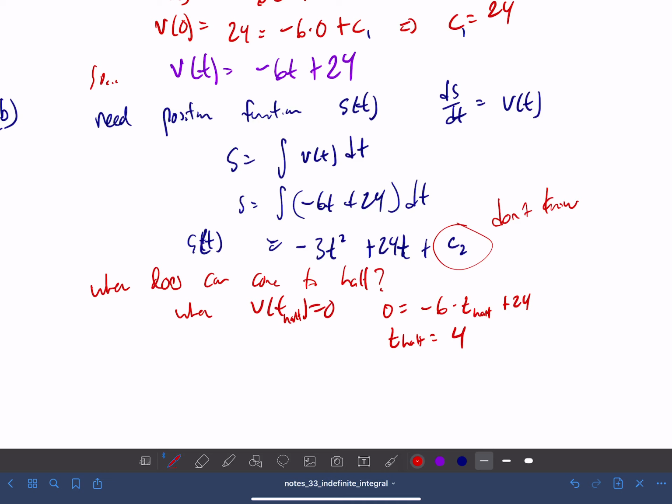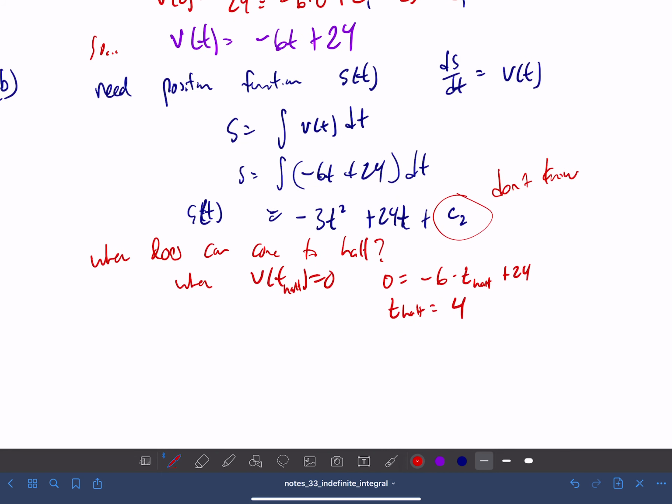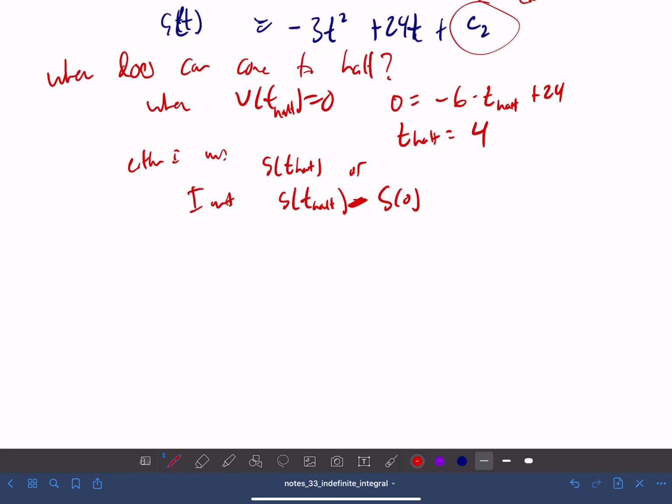The distance traveled, so either I want s of t sub halt, or I want s of t sub halt minus s of 0. And I think they both provide some meaning in terms of this.